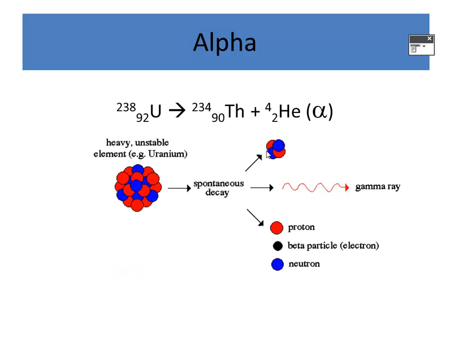There we go. So if we have an example here, you have uranium-238 becoming thorium-234. Notice, what's your change in atomic number? 2.